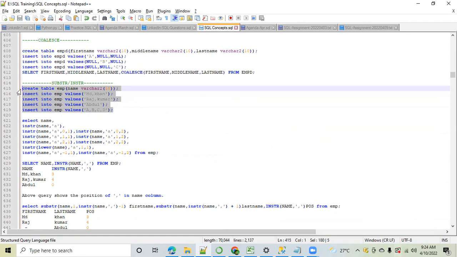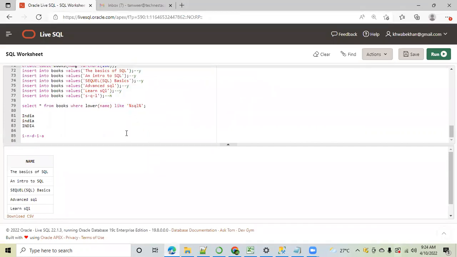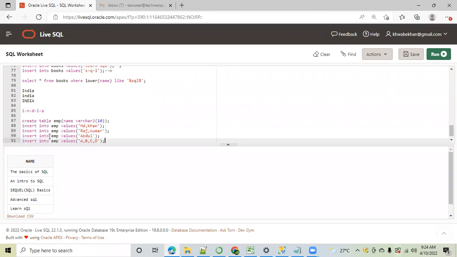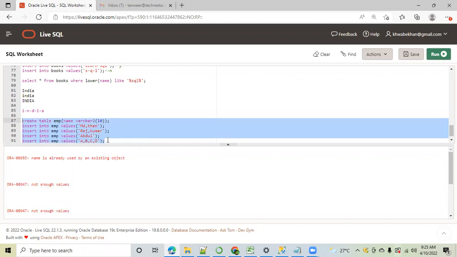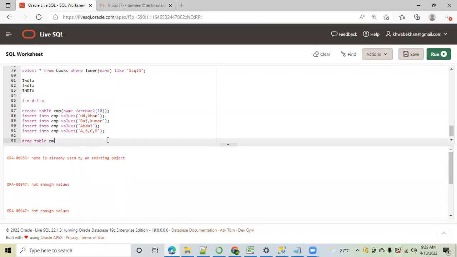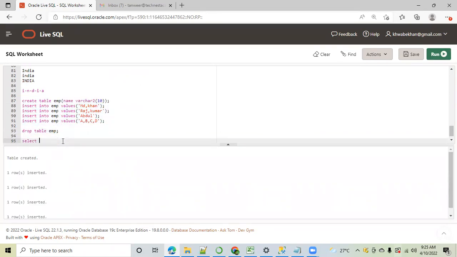Consider this data. Okay, so what is substring? Try to understand.